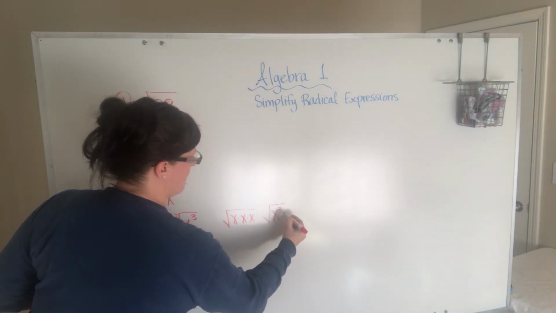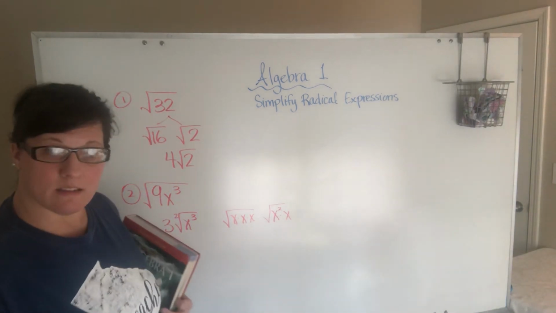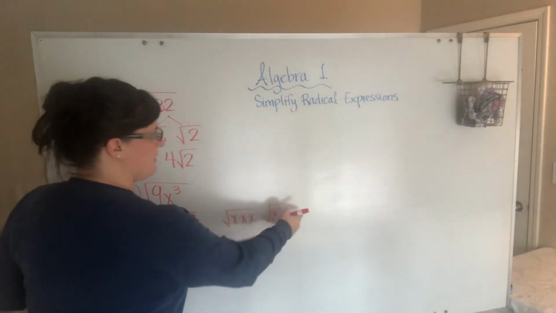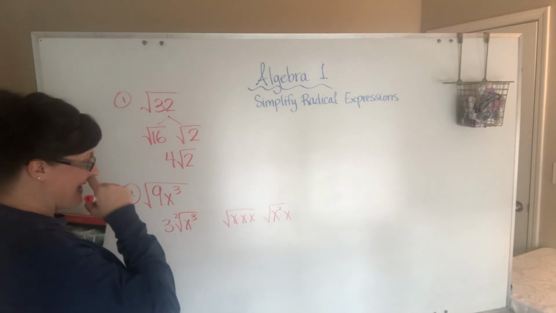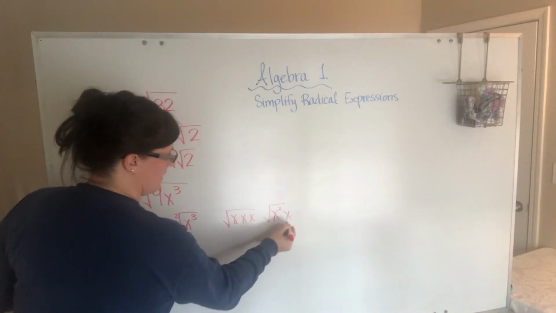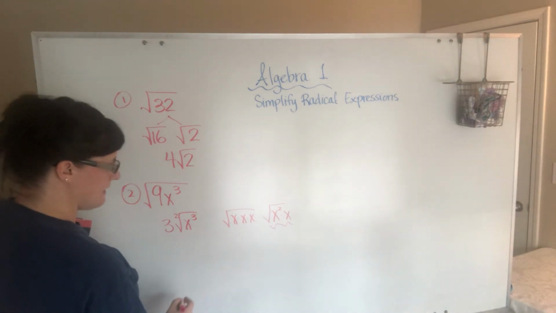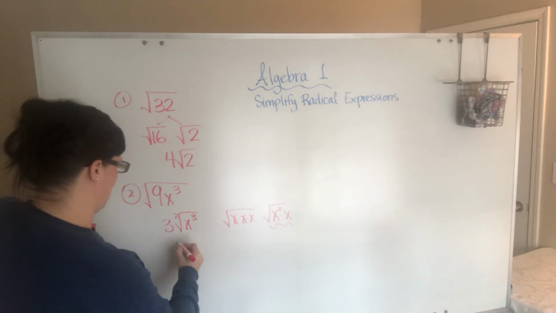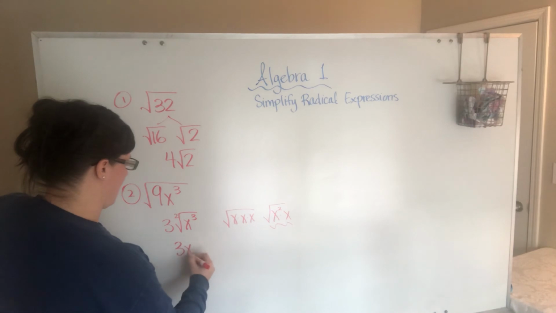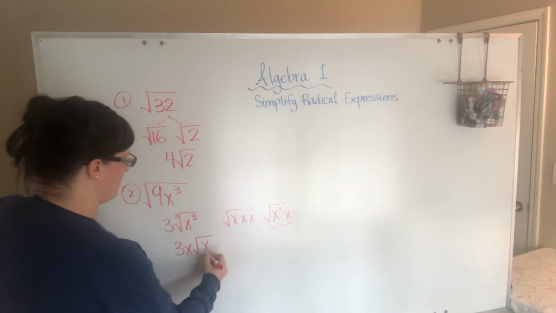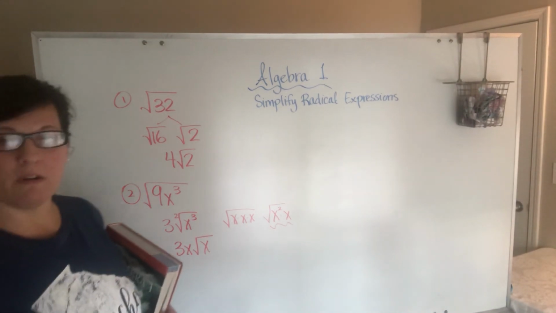Okay, I could think about it being x squared times x because I know that I add those exponents, okay? Either way, let's look at it like this if you did it. I can take out the square root of x squared, which is x. So I can take an x out, and I'm left with 1x underneath the radical sign.